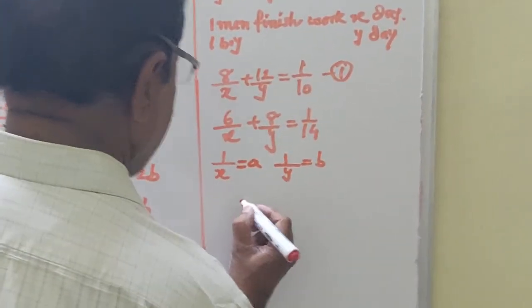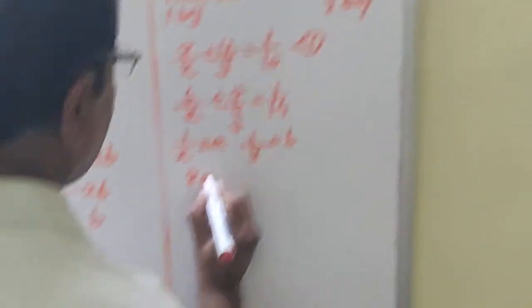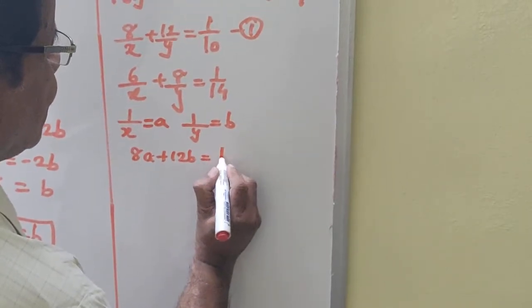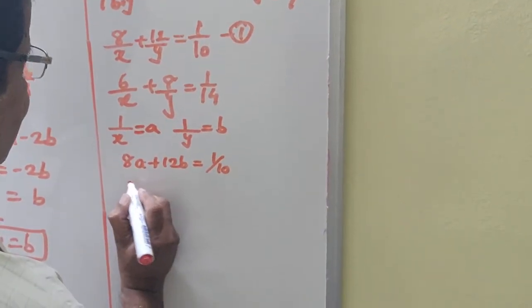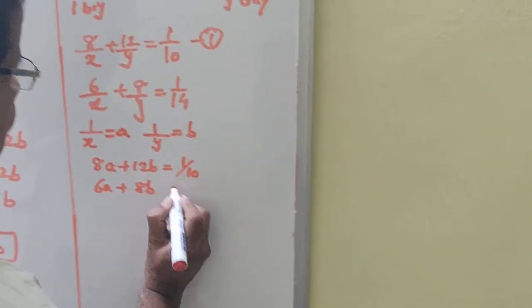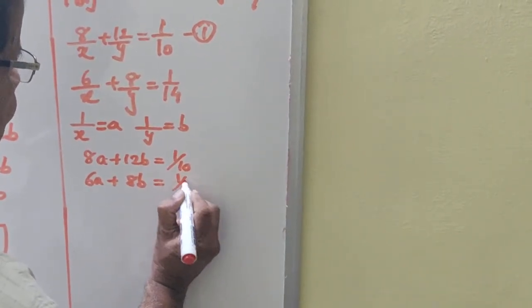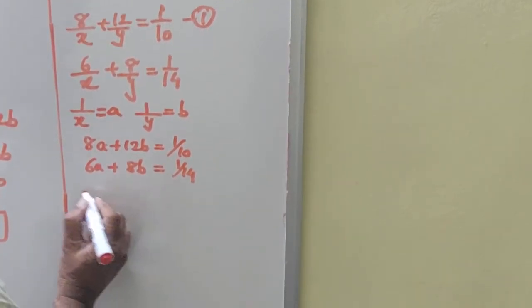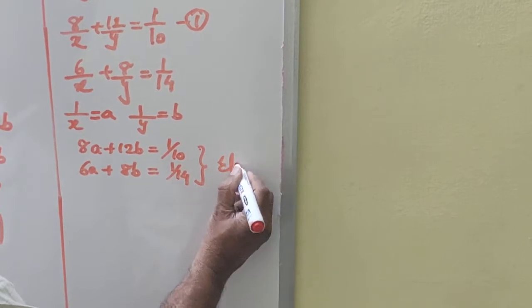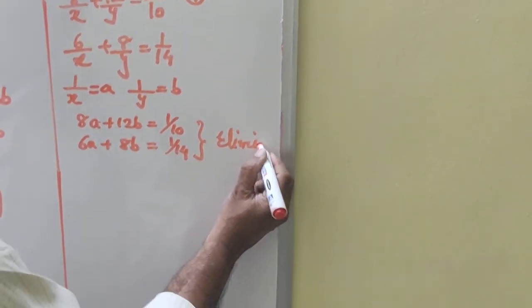Now let 1 upon x be equal to a and 1 upon y be equal to b. What will I get? 8a plus 12b is equal to 1 by 10, and the second equation, 6a plus 8b is equal to 1 by 14. So I get two equations. Now these two equations can be solved by the elimination method.